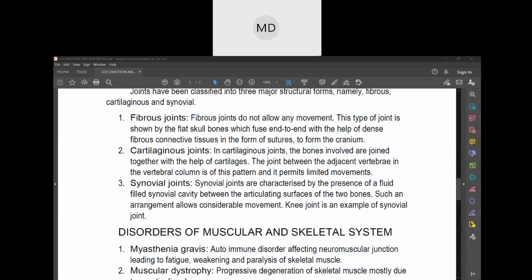So the most important thing about the synovial joint is that in between the synovial joint there is a fluid filled cavity. That is known as synovial cavity. Since it is a synovial joint, it is known as synovial cavity. It helps the two bones to move, and that is the reason why they can move so much.